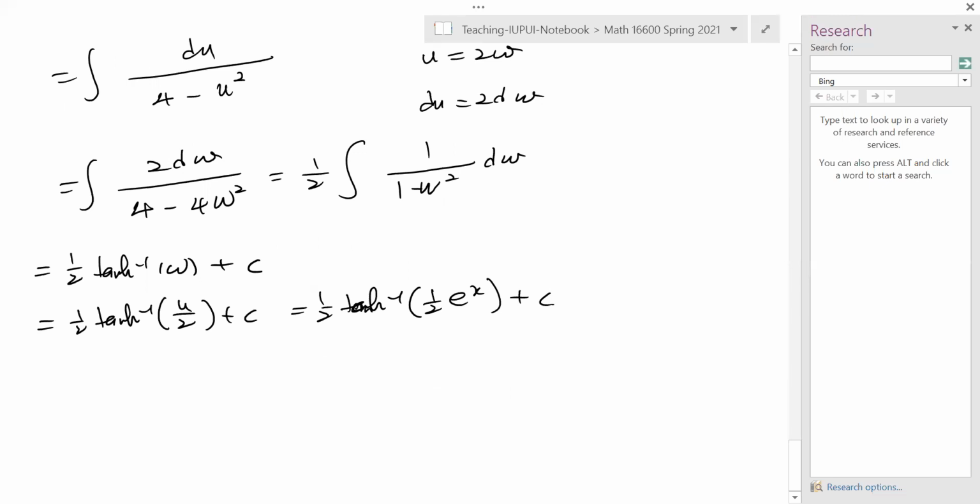In that case, you have to use natural log. But I'm okay if we put the answer like that. This is not a brand new function. You can always replace it by half of natural log of 1 plus w over 1 minus w, okay?